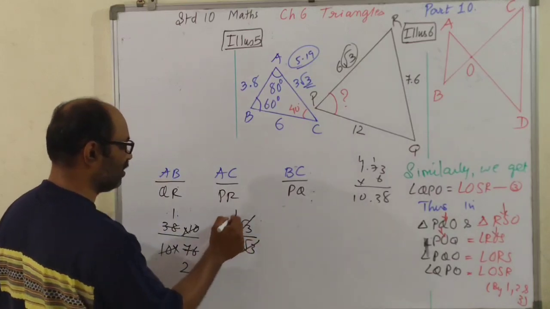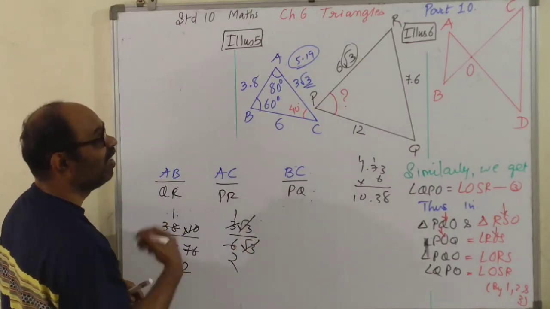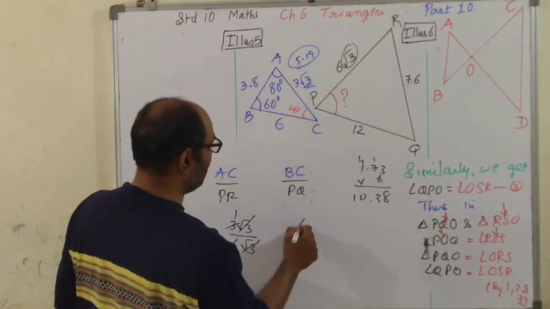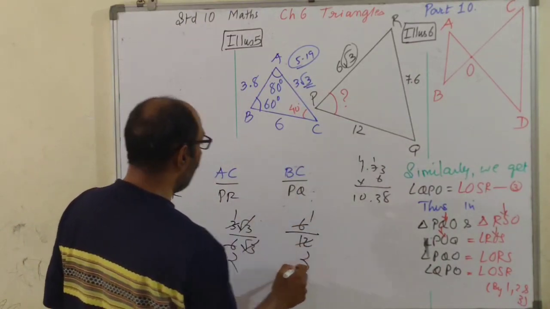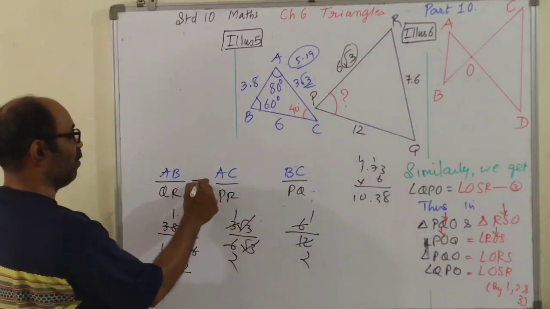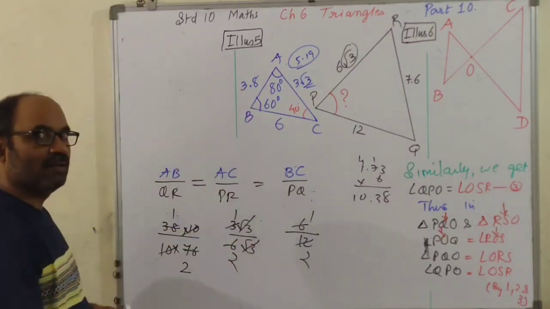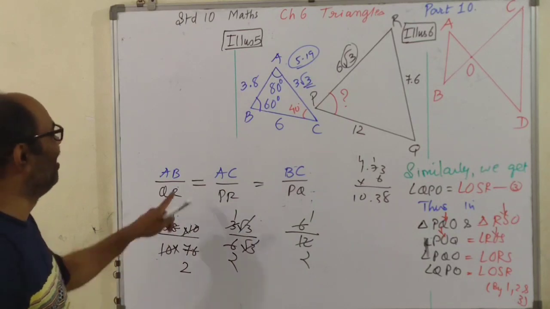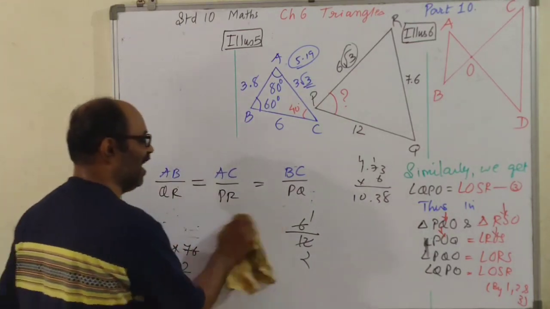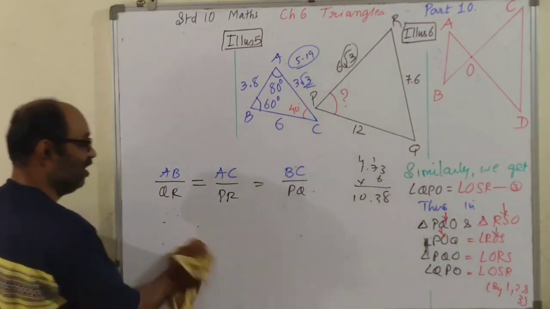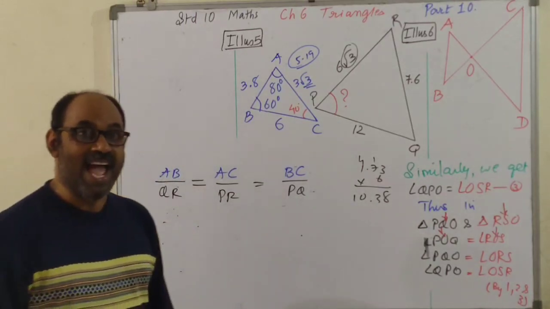Root 3 cancels, 1 upon 2. They are equal. Let's check the last. BC is 6 and PQ is 12, so 1 upon 2. Anyway, these three sides are in proportion.